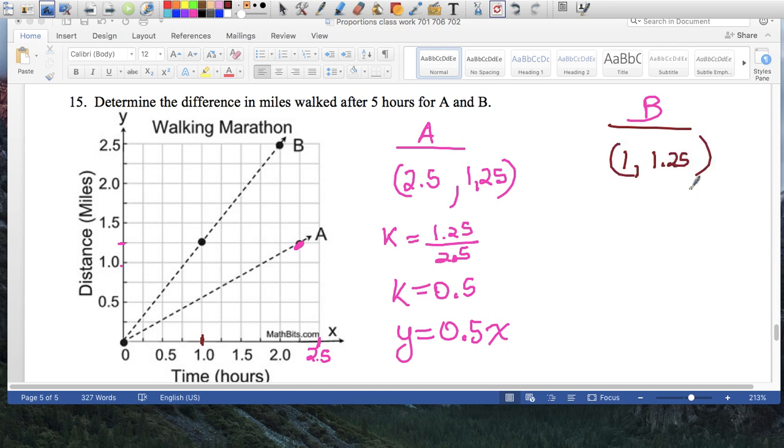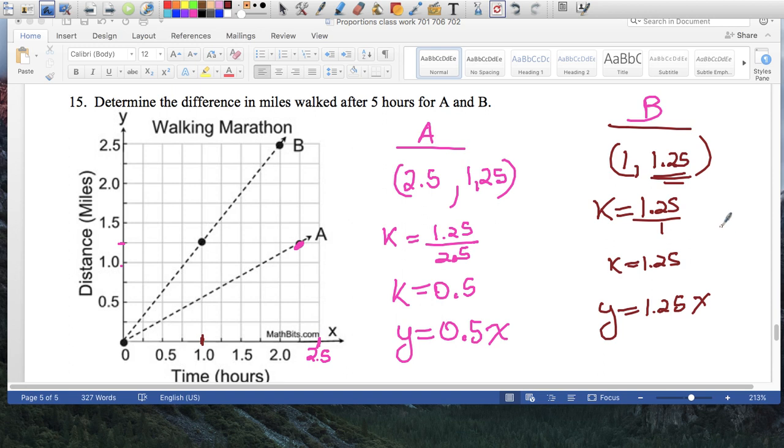So we already have the unit rate, which is great. Again, k is y over x, 1.25 over 1, which is just 1.25, which we already knew. So the equation of this line is y equals 1.25x.